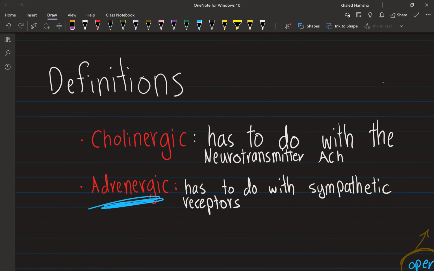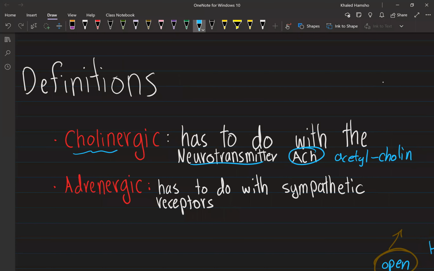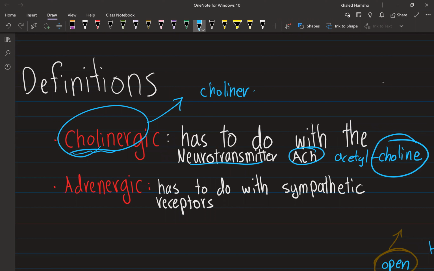Cholinergic has to do with the neurotransmitter acetylcholine. The word cholinergic comes from the word choline. So anything that is cholinergic uses this neurotransmitter. That's it.